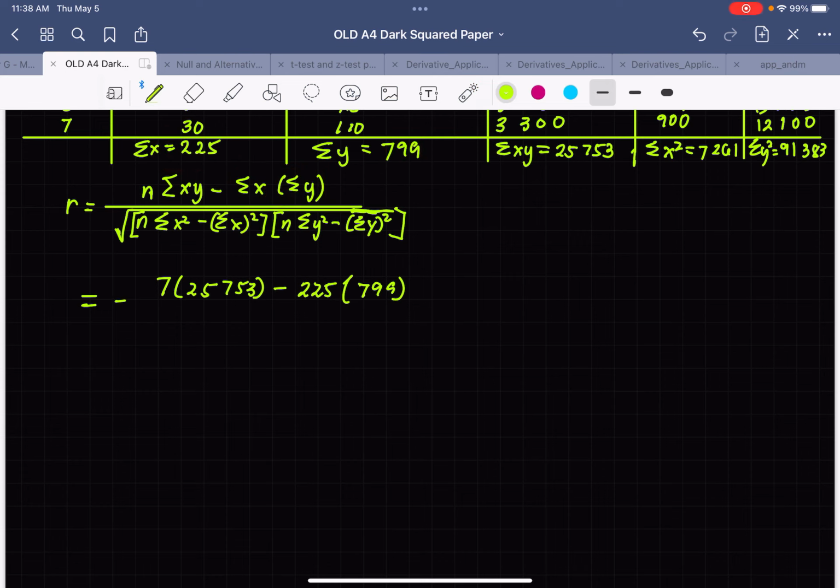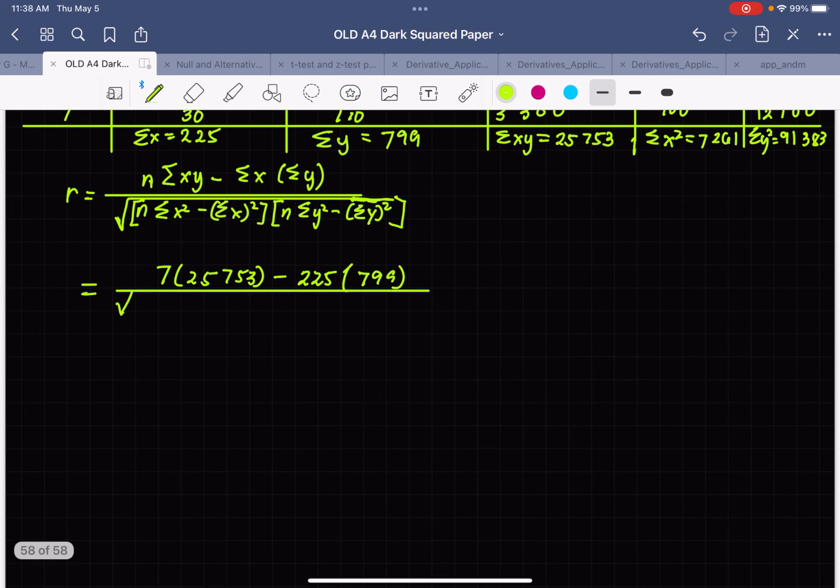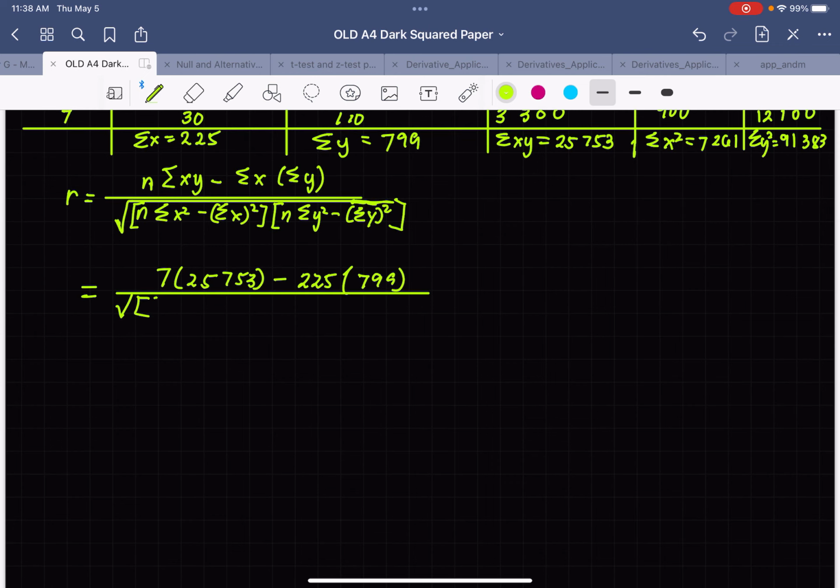Okay, so let's proceed to the denominator. Square root of our n, which is 7, times the summation of x squared.